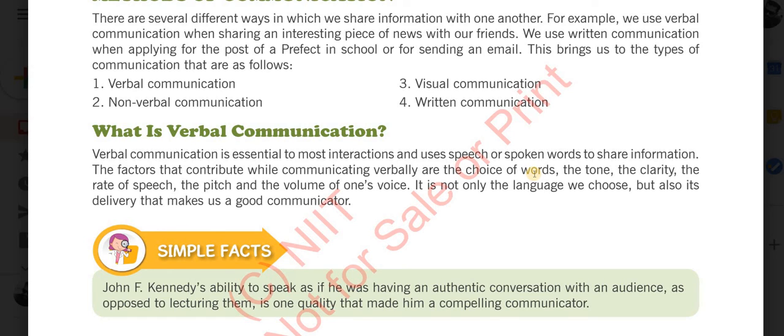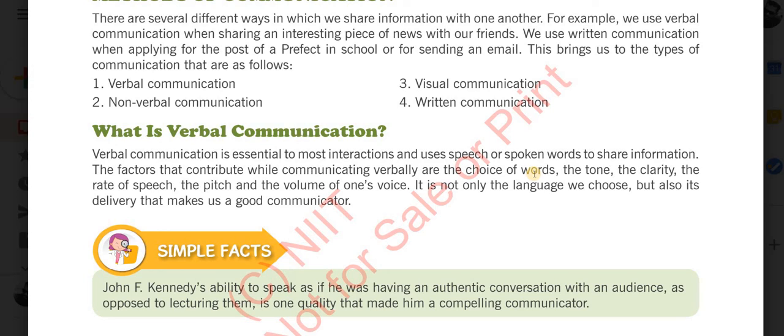We should not raise our tone to a person, otherwise it would be rude behavior. Choose the right words for the right person, and the clarity of what you are saying must be there. The rate of speech matters too, whether you speak too fast or too slowly and timidly. Then there are the pitch and the volume of one's voice.